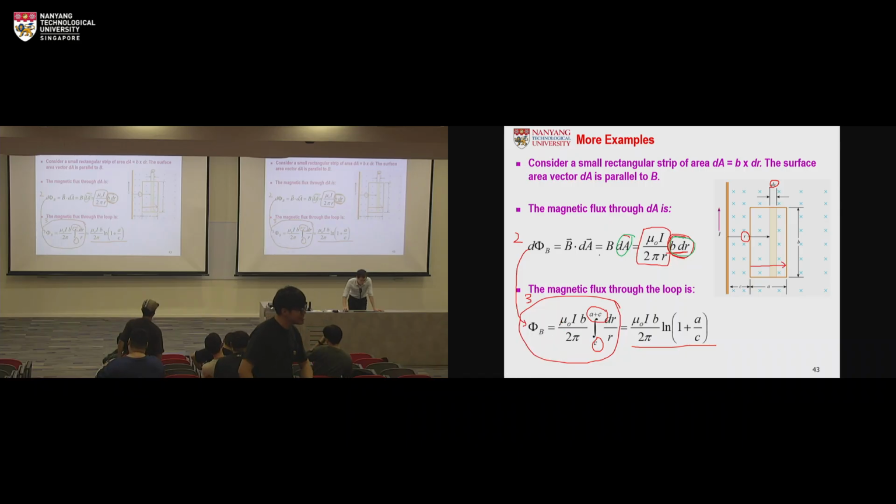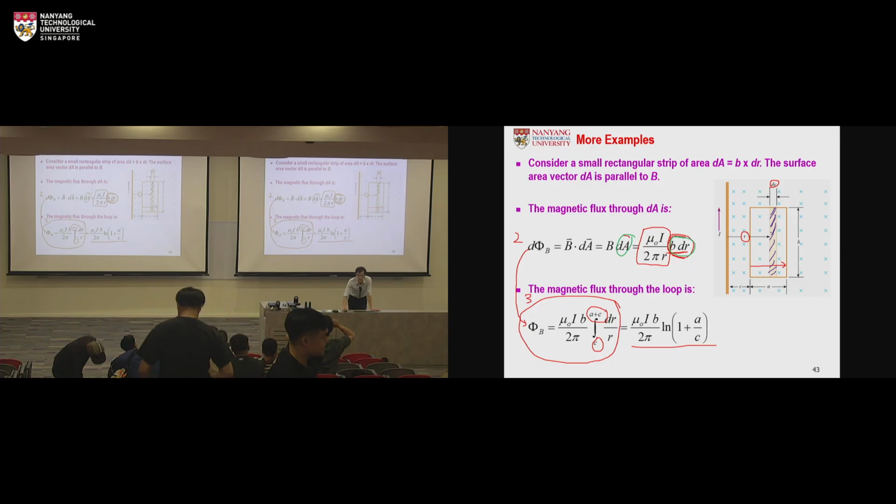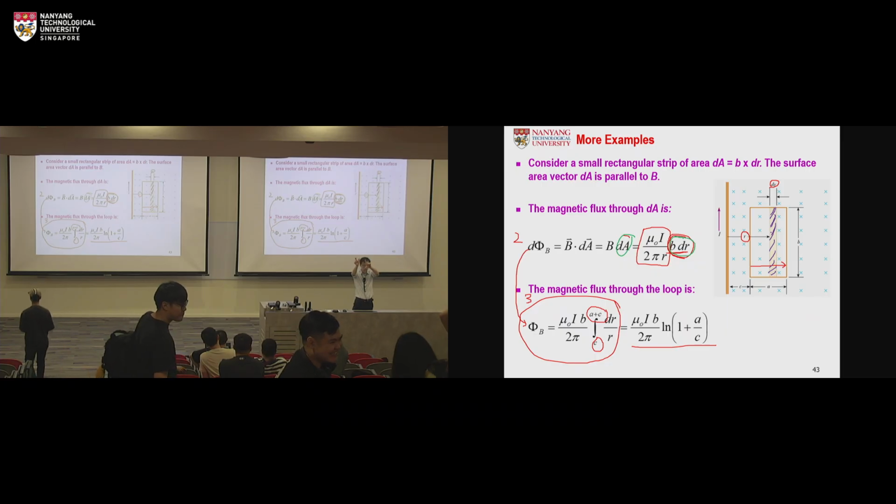A times dr, dr is this section. dr is the area of this section. So this dA is the area of this section. Yes. The vertical, the width is dr. You can say the length or the height is b.